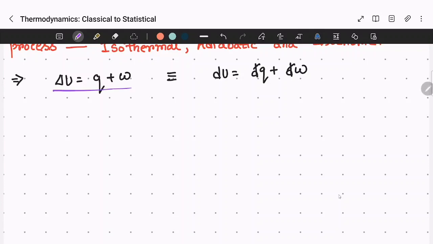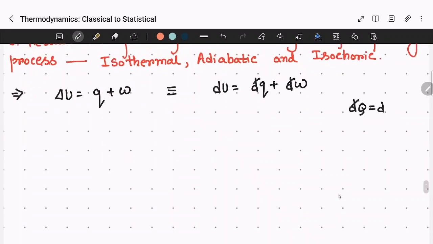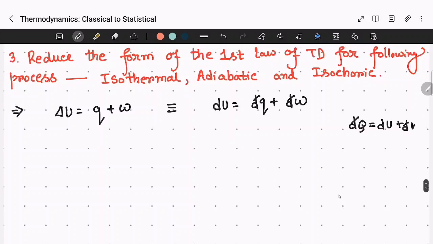So we can consider this form, or we can also write it as dU equals minus d cross W plus d cross Q. This form is used in physics. But here everything is in terms of our system. That's why there is the sign convention.